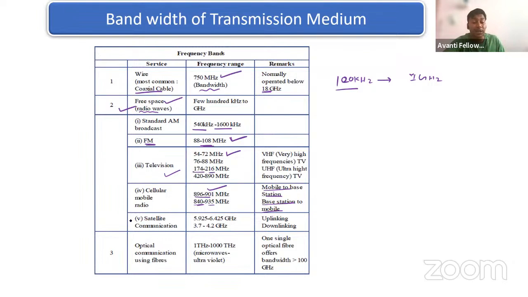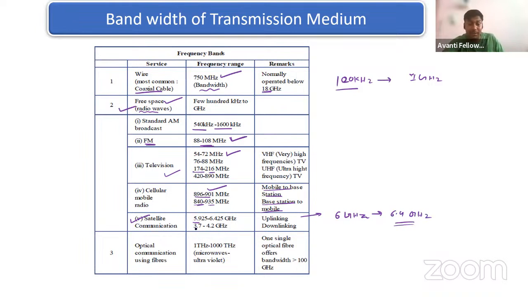Now for satellite communication, we use very high frequency signals, ranging from about 6 gigahertz to 6.4 gigahertz if I round off. That is the frequency range for satellite communication.